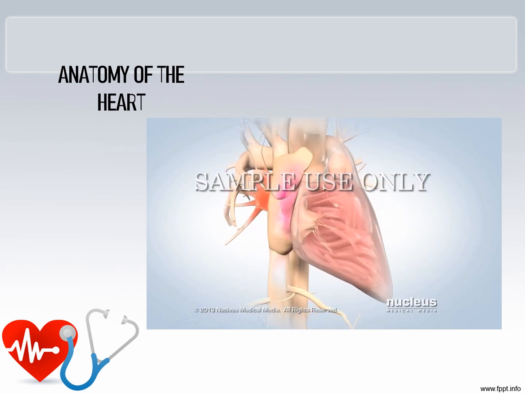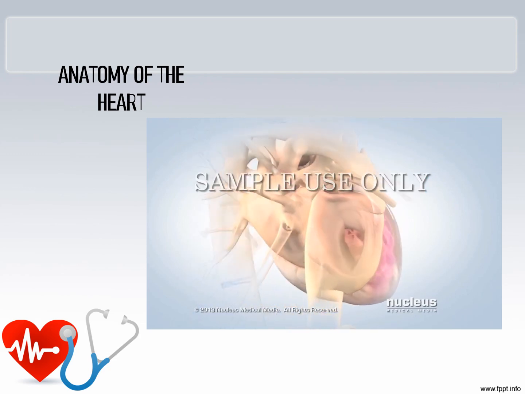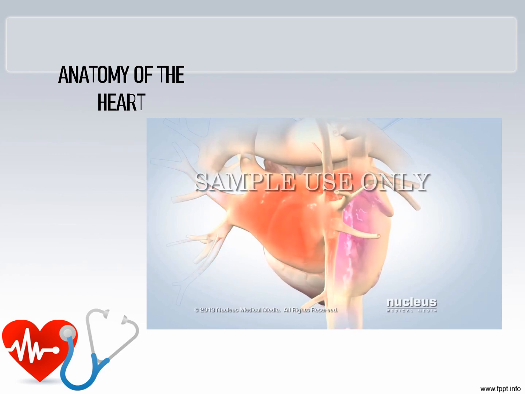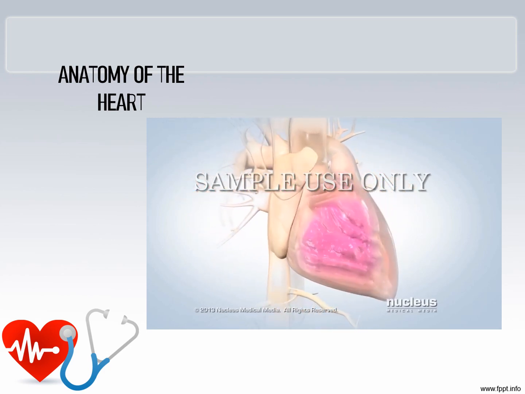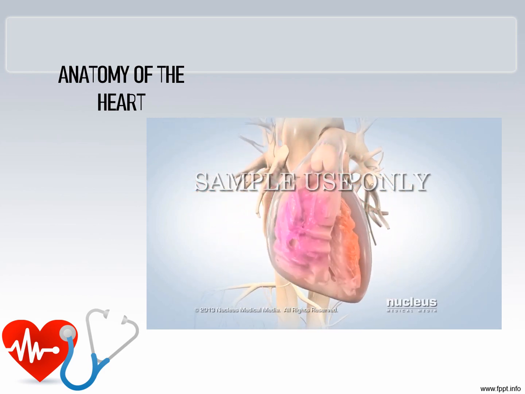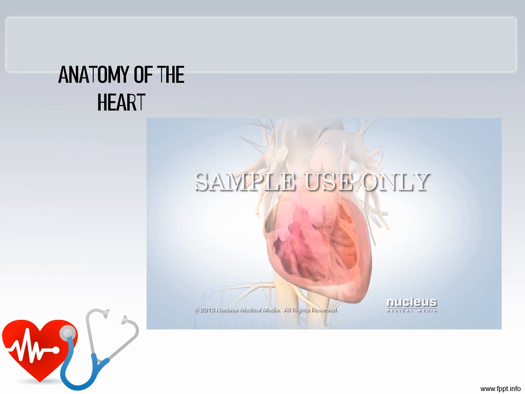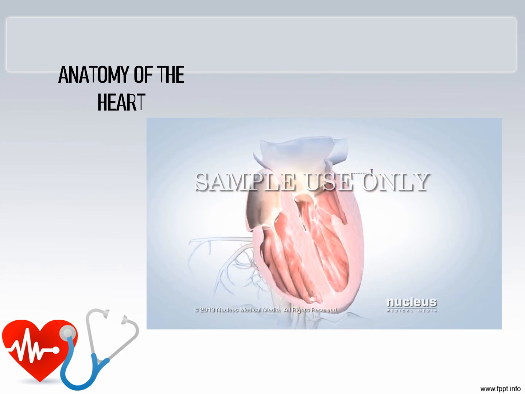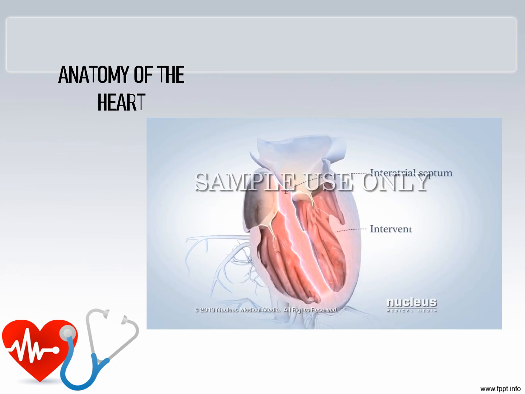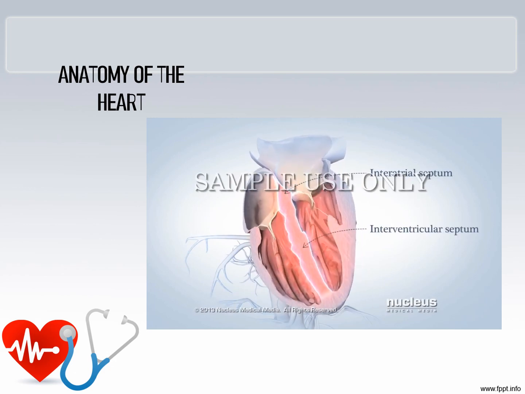During a normal heartbeat, blood from your tissues and lungs flows into your atria, then into your ventricles. Walls inside your heart, called the interatrial and interventricular septa, help keep the blood on left and right sides from mixing.